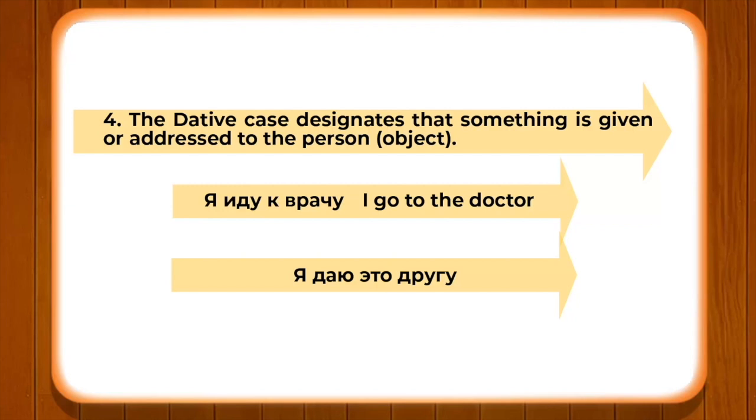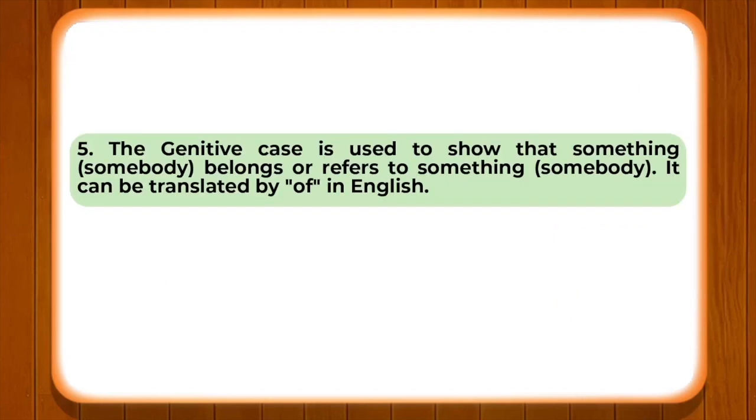However, before that, let's quickly see rest of the two cases more. So the fifth one is genitive case. The genitive case or родительный падеж is used to show that something or somebody belongs to or refer to something or somebody. What does it actually mean? It means to indicate possession of.